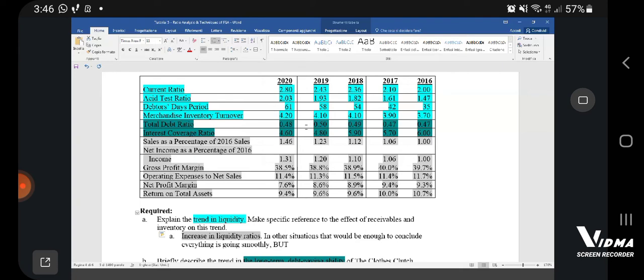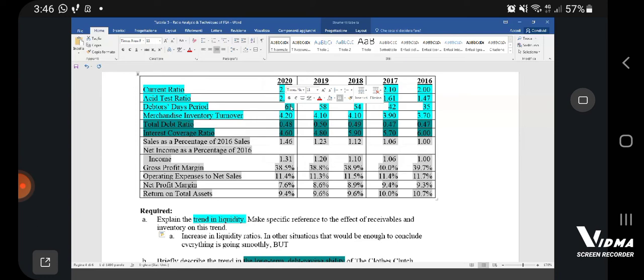And actually, you see two items that are part of the current assets, and that is the debtors days period. From 35 days, almost 1 month, it has gone to 61 days, 2 months. That means that I am allowing 2 months of financing, which is free financing for customers. They are not required to pay anything.